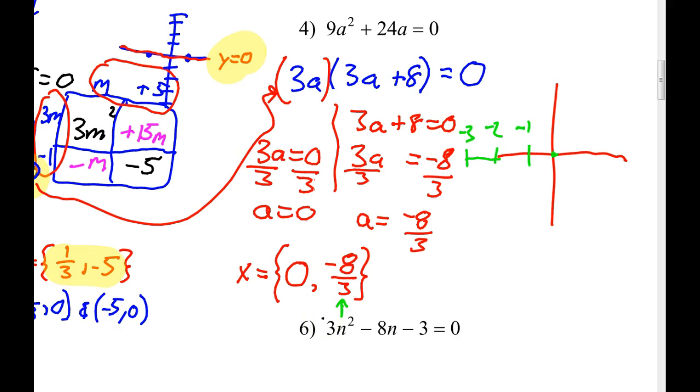What's the ones digit on that decimal? Negative 2.6 or something like that, right? So the question is, if you had a parabola that looked like that, right? Not a very nice one. Could you tell that this answer, by looking at the graph only, is negative 8 over 3?